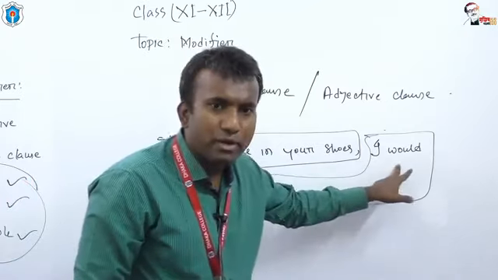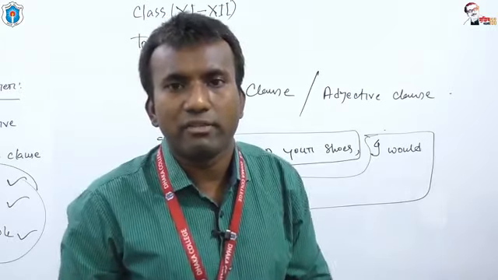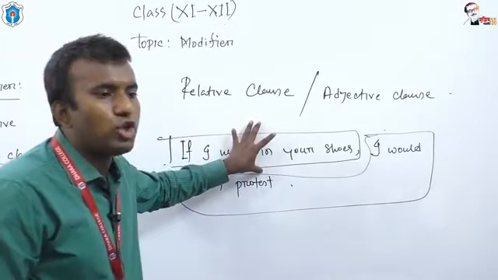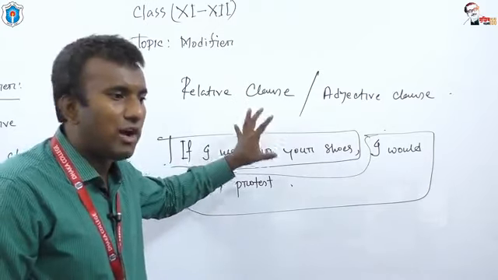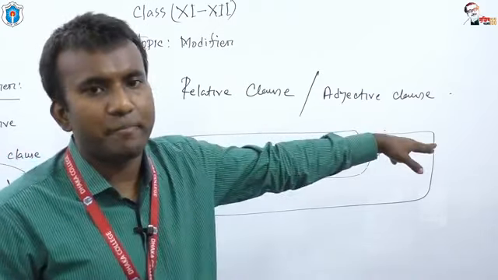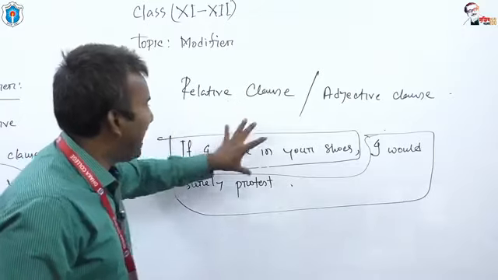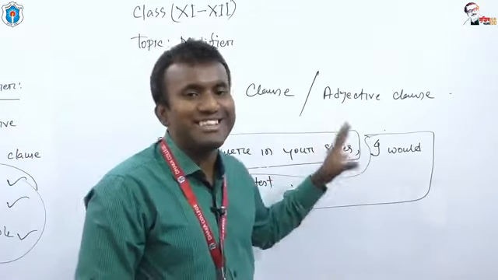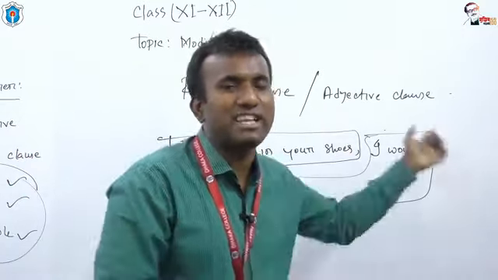The second part is also with one subject and one finite verb. That's why you can say both of them are clauses. The first part has become a clause because of the second part. The second part has become a clause because of the first part, okay? Now, if I were in your shoes, this is the first clause of the sentence. And what is the second clause? I would surely protest.